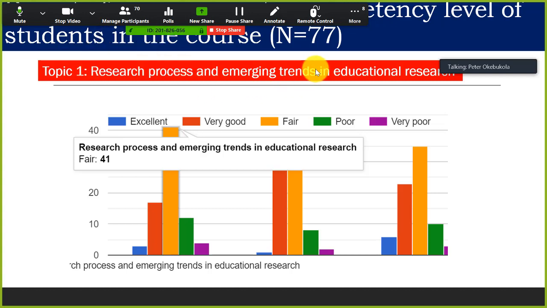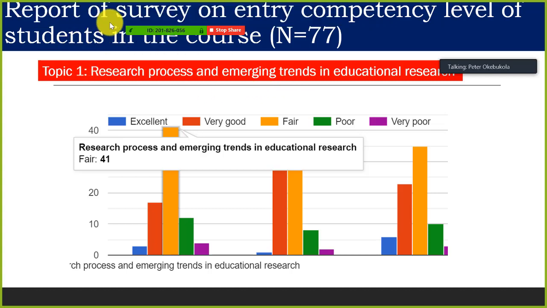Yeah, so we've tried to find out a report of the survey on entry competency level of students in the course. As I said, 77 of us. Our first topic is research process and emerging trends in educational research, that Professor Adesope will be taking you through very shortly.